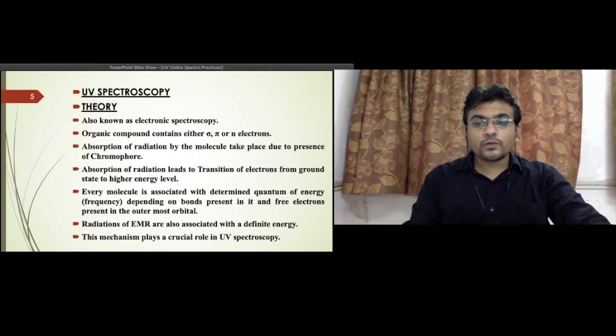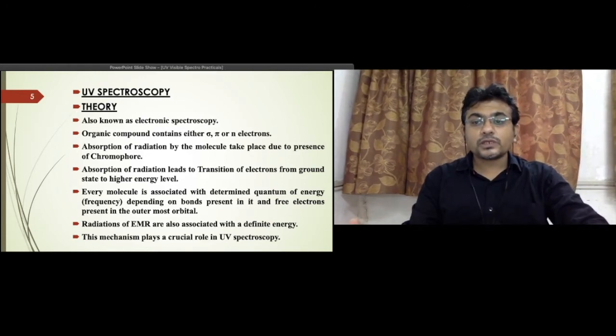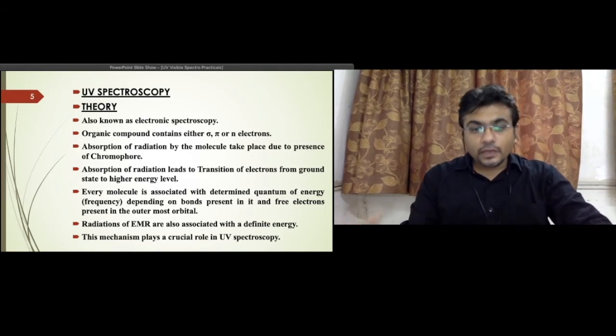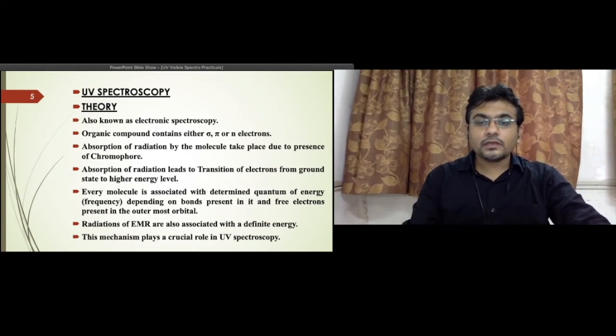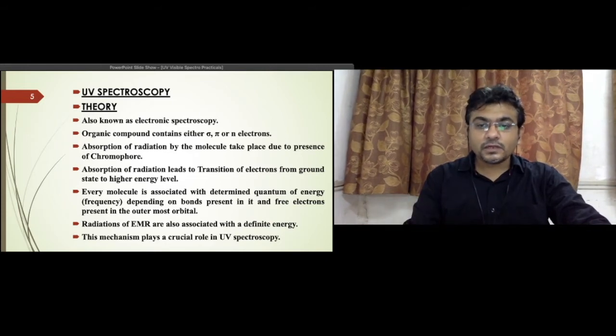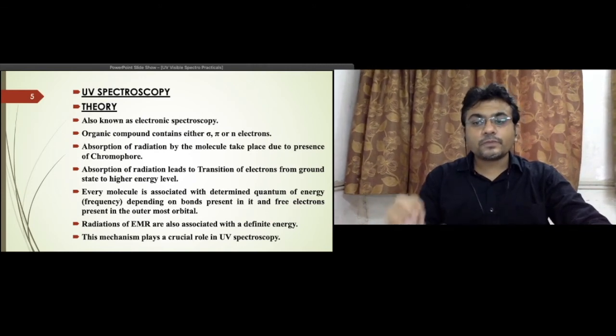Every molecule, depending upon the electrons present in it, is associated with a quantum of energy. Every electromagnetic radiation is also associated with some definite energy. When radiations are imparted to the molecule, if the energy of the radiation matches with the quantum of energy of the compound, then absorption of the radiation will take place.